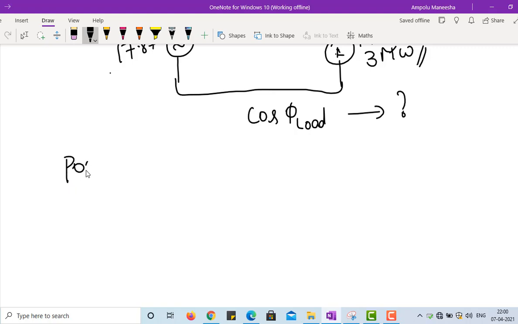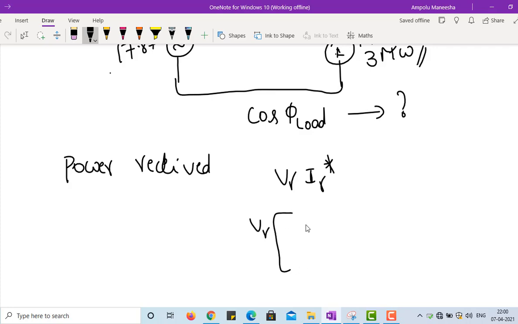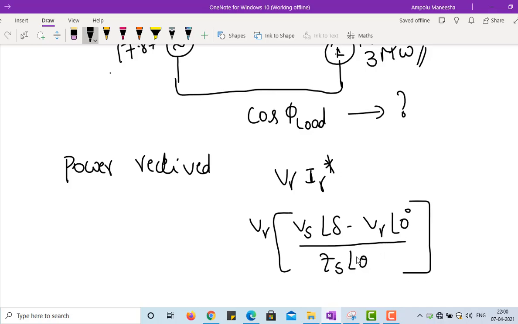Power received by the inductive load is VR into IR conjugate, where IR is given by Vs at an angle delta minus VR at an angle 0 by Zs at an angle theta. IR conjugate, right?